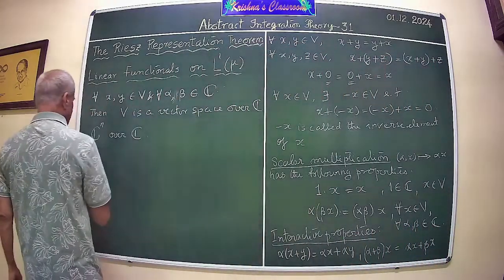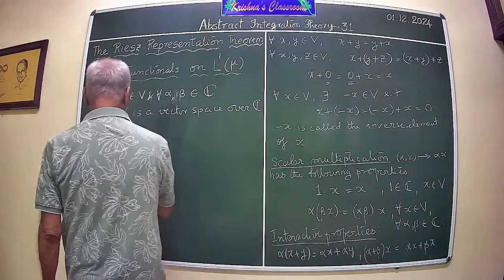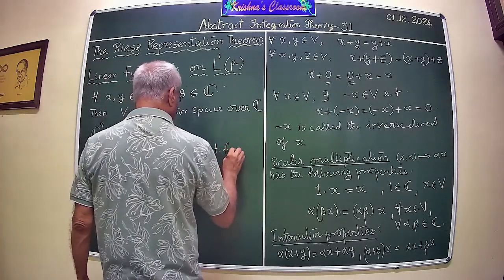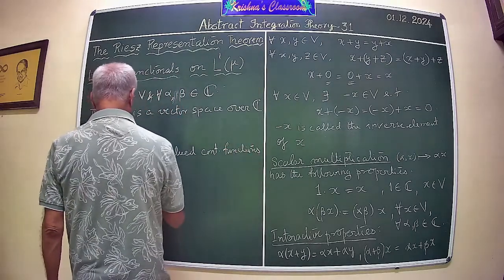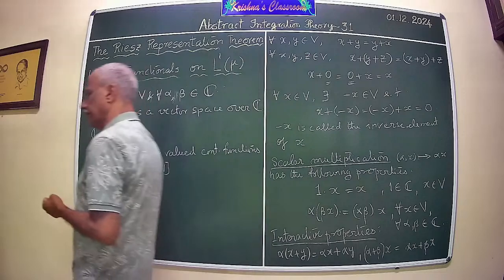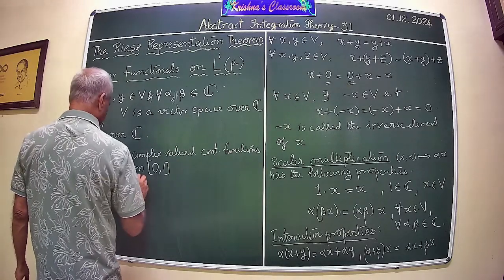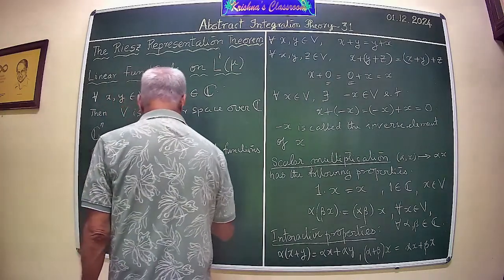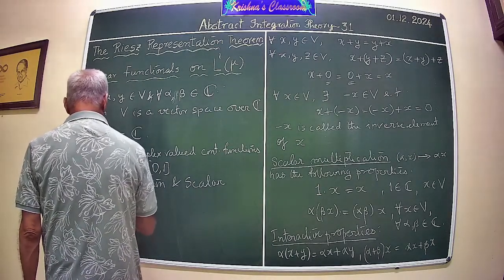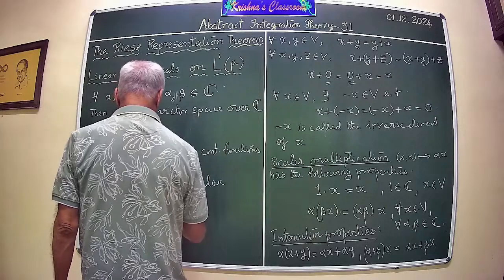Now, if you take all continuous complex valued functions on the interval 0, 1, or for that matter any interval, with the usual addition and scalar multiplication, this is a vector space.